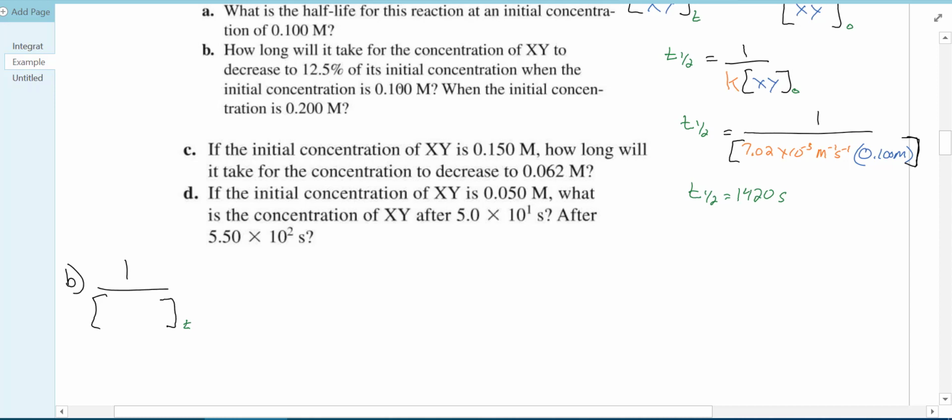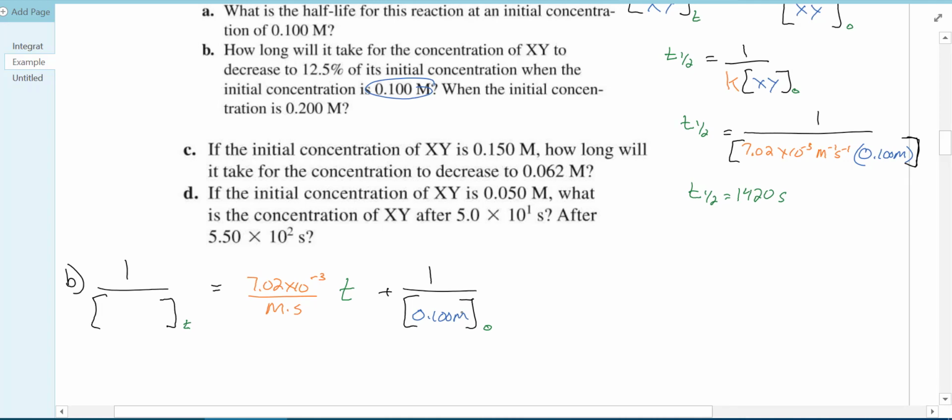So if I know my original concentration, let's get this all together. k is 7.02 times 10 to the negative third, molarity times seconds. And then we have t, which is what we're solving for here, plus 1 over the original concentration. The original concentration is 0.100 molar.